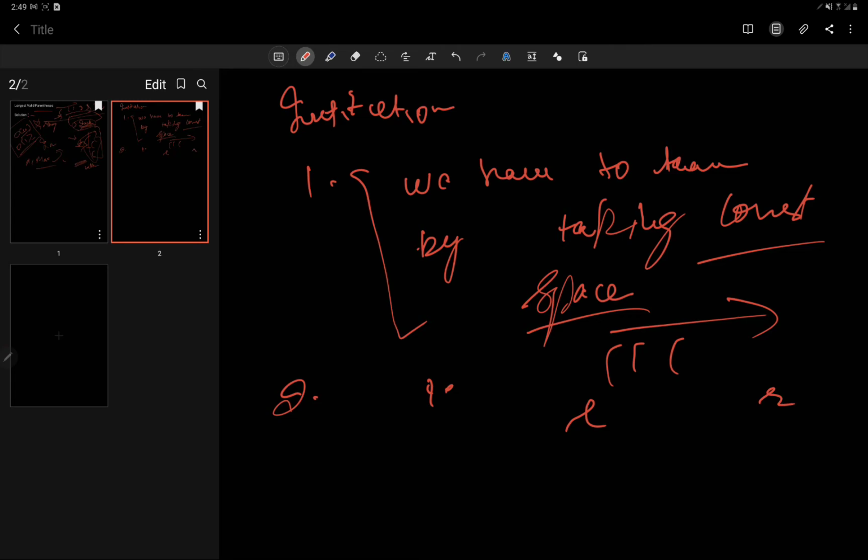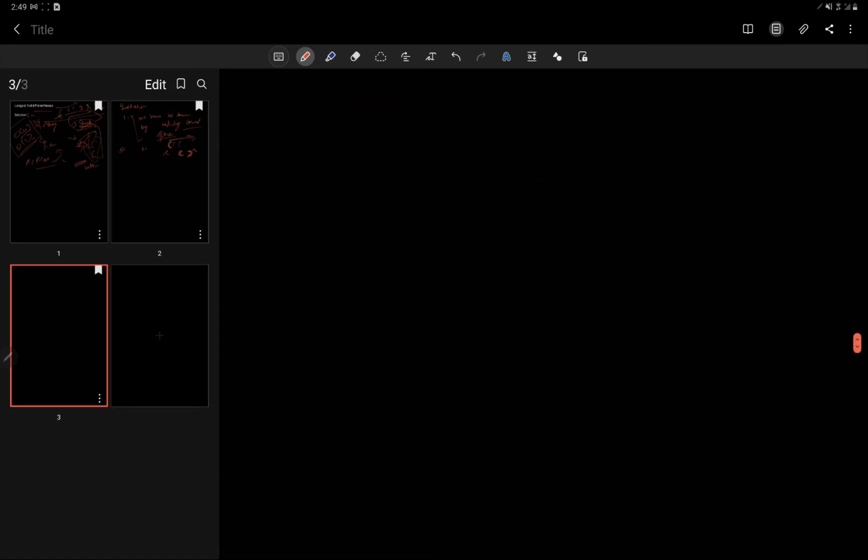By left I mean this substring, and by right I mean this one. As we move in this direction, there can be three cases that can be counted. Number one, the length of left is bigger than right.